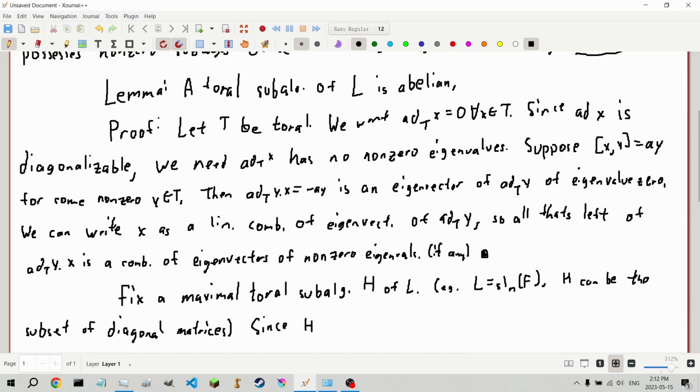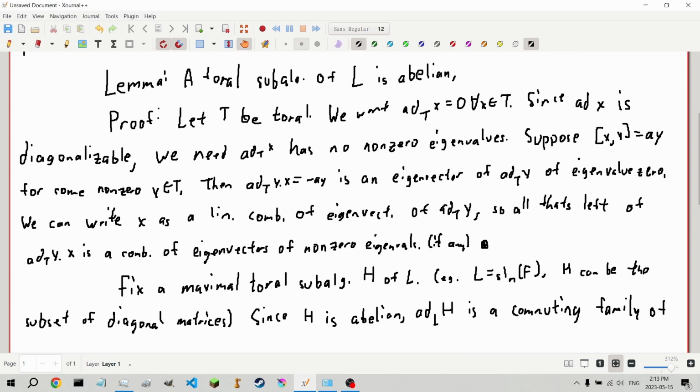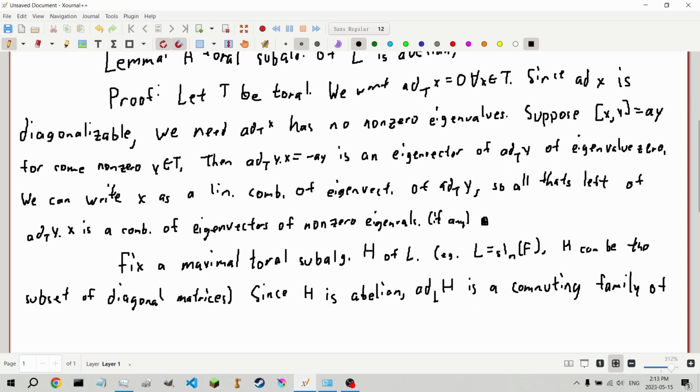Since H is abelian, which we saw above, the family of adjoints of H is a commuting family of semi-simple endomorphisms of L.